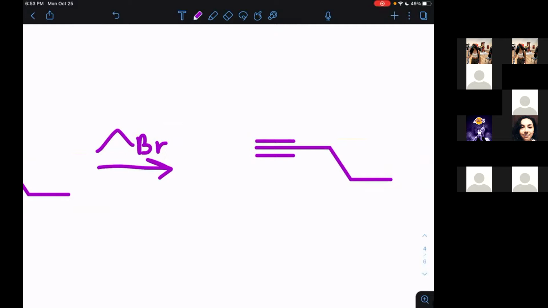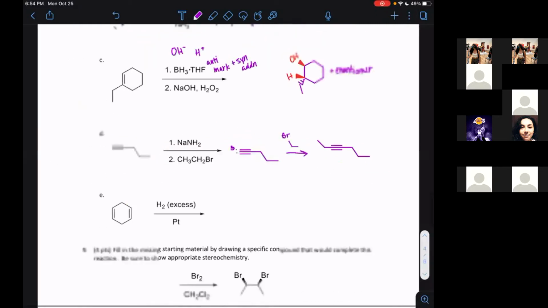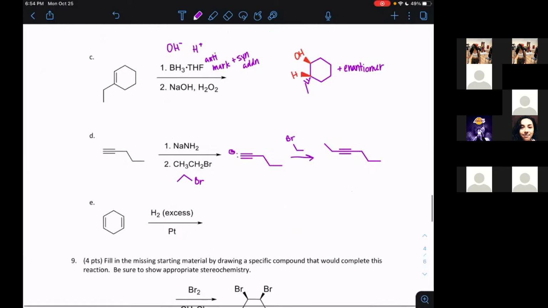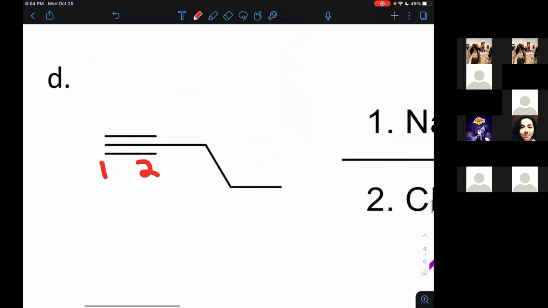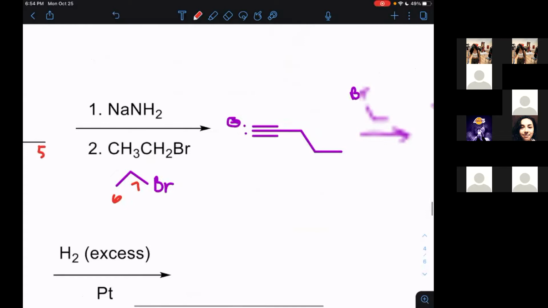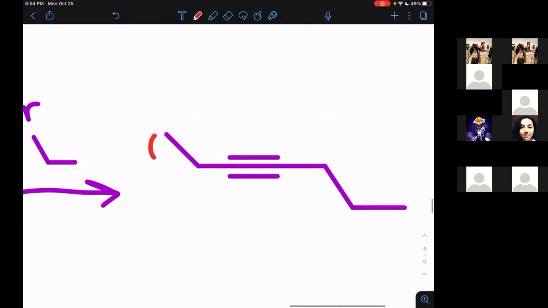So that'll just add right here. I'll straighten that. Oh wait, you don't keep the BR, right? No, the BR left. It's an alkyl halide, so the BR group left. Okay, cool. Let me count: 1, 2, 3, 4, 5, 6, 7.